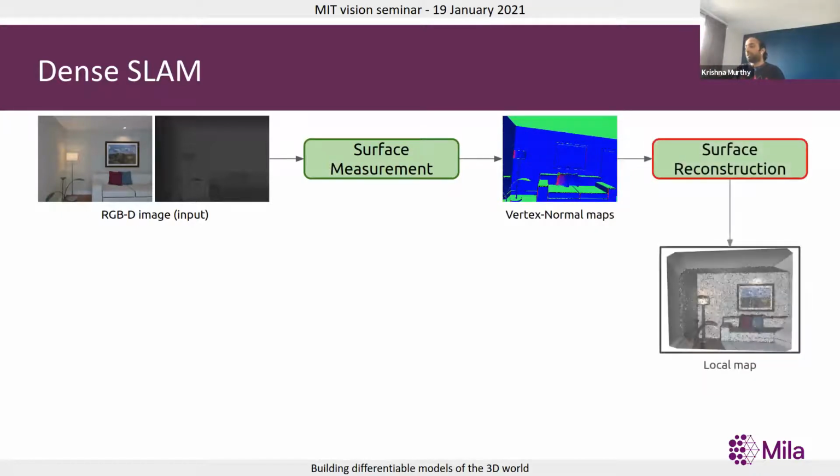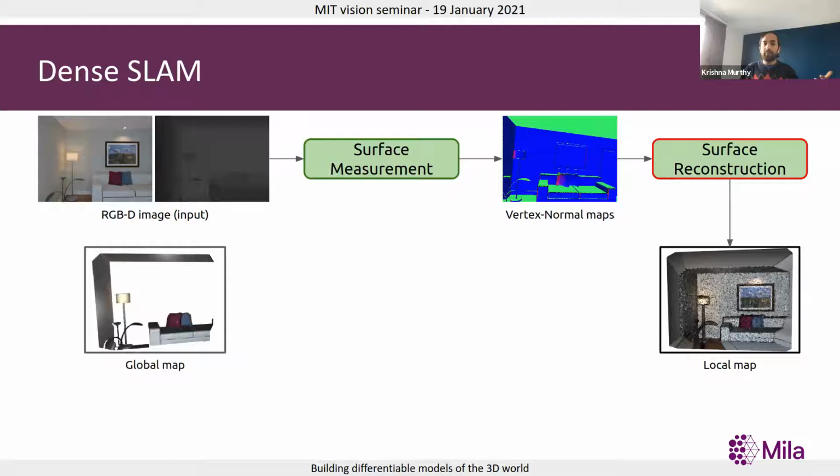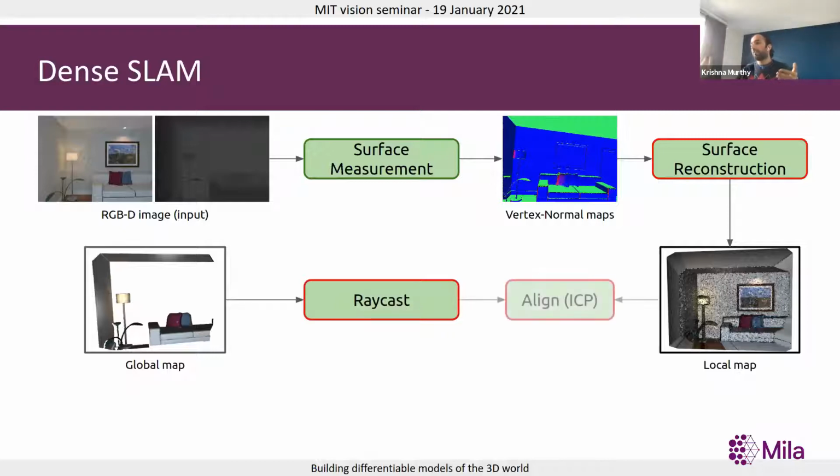You now reconstruct this surface to get a local map of the environment. We assume you have a global map of the environment, which is initially empty, but as time progresses, you're fusing all of the local maps into a consistent global map. The idea of SLAM is now to take this global map and reconcile it with the local map, try and align these, take the signal from the local map, throw the noise out, and fuse the signal with the global map.